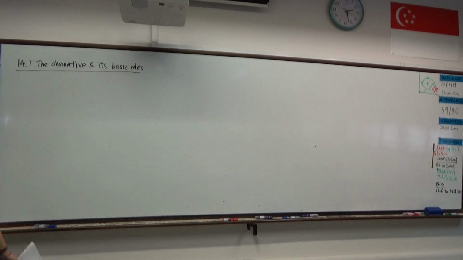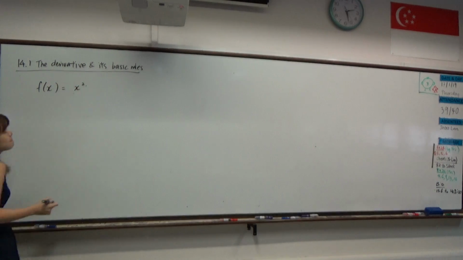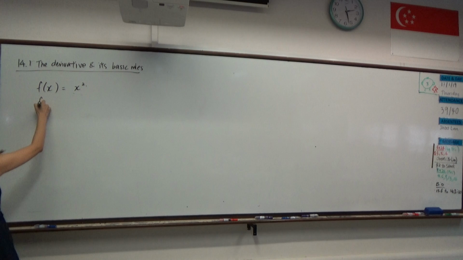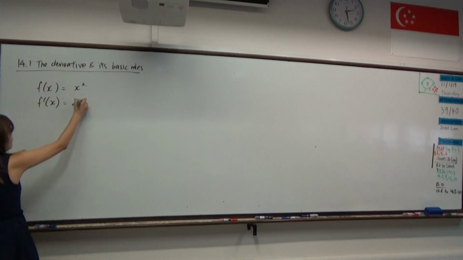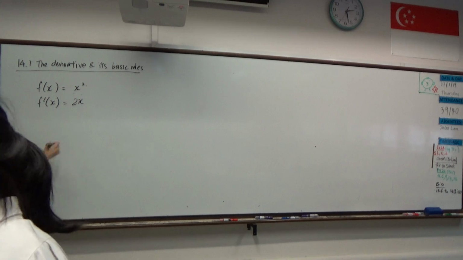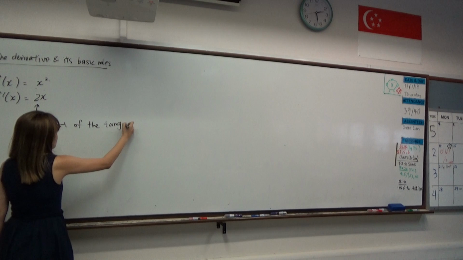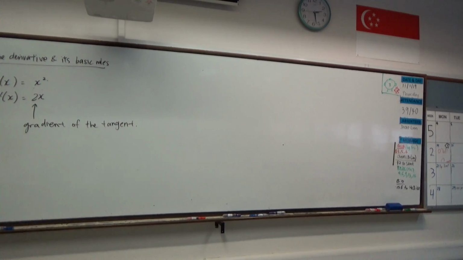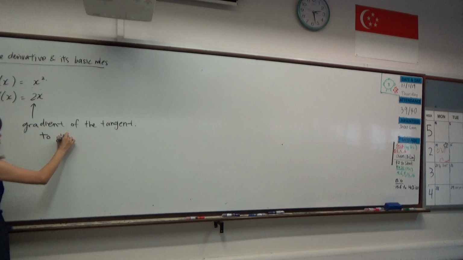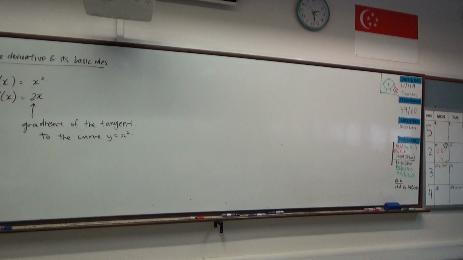For any function, for example, if I have a function x squared, the derivative f prime x, which is going to be 2x, will be the gradient of the tangent to the curve y equals x squared. So this is one way that we could interpret the derivative.